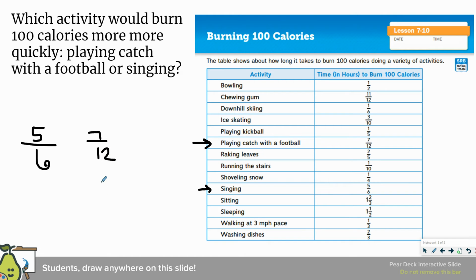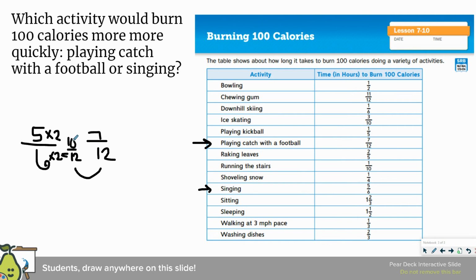Right now, that's really hard to compare because they do not have the same denominators. But I can create equivalent fractions by doing times 2 on bottom and times 2 on top. So now this is going to be equal to 12 on bottom and a 10 on top. This is going to make it super easy to compare these.